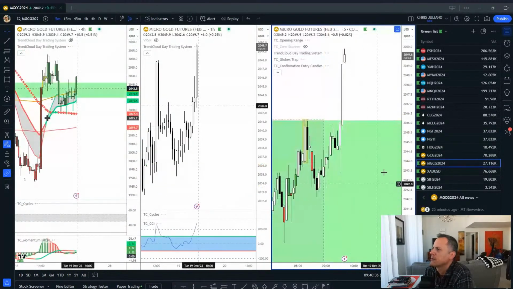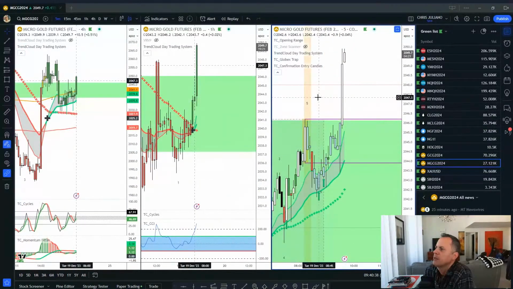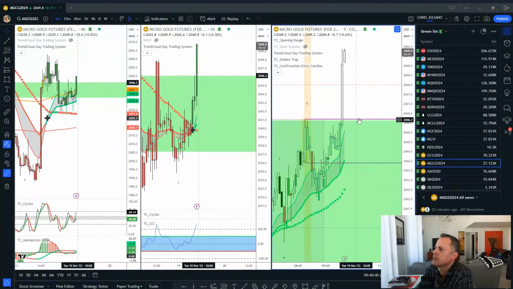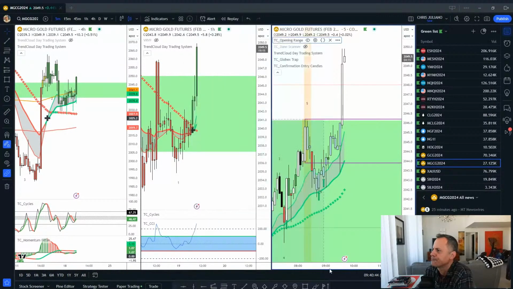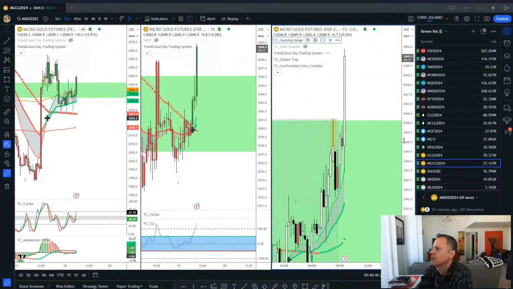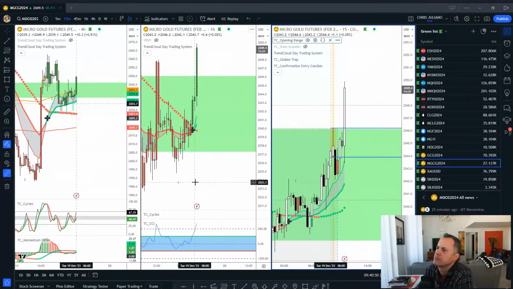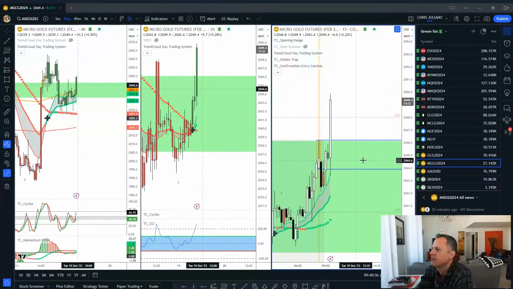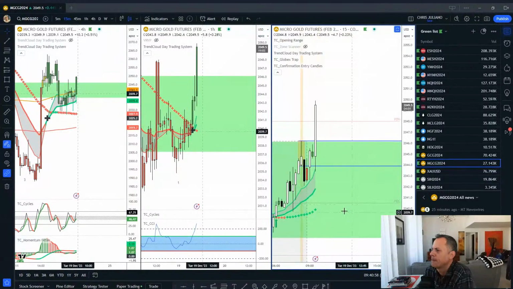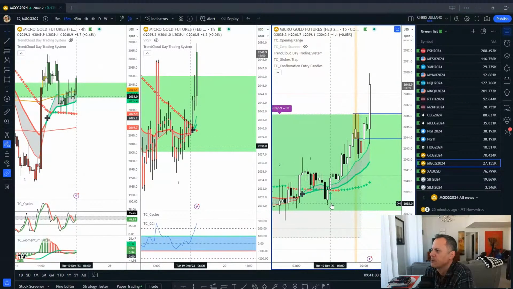Micro gold. We need the 15-minute chart. Yeah, micro gold broke out to the upside, impulsing up. Oh, wow. Yeah, look at that. Oh, that's beautiful right there.